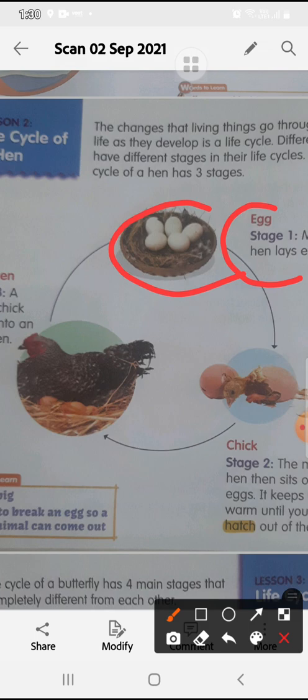Okay, now this is the second stage, chick. In this stage, the mother hen sits on the eggs. It keeps the eggs warm until young chicks hatch out of the eggs. So what is the meaning of hatch? Hatch means to break an egg so a baby animal can come out.